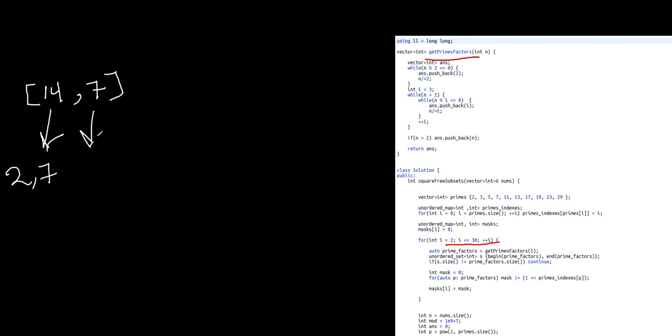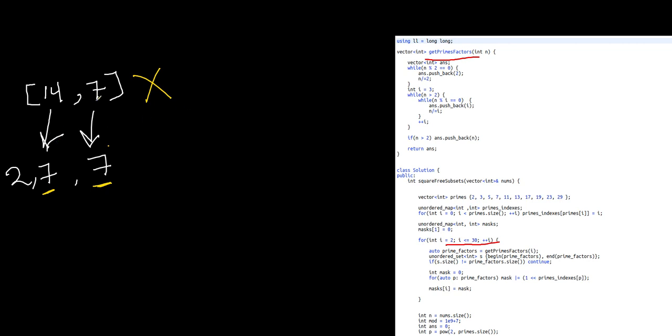For 7, it's 7. Now, if there is a number that happens more than once, so 7 and 7 occur more than once, then that means this is not a square free subset.